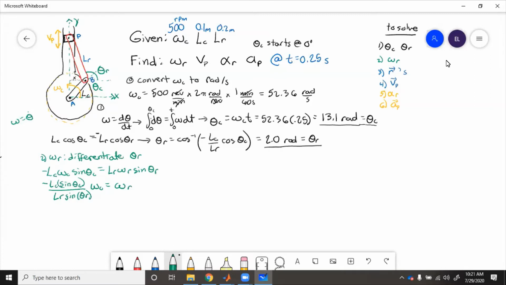And then as you go around the other side, then it comes back down, so on like that.